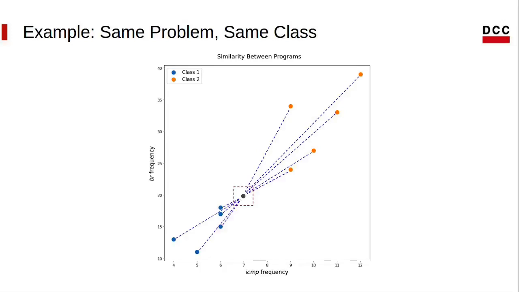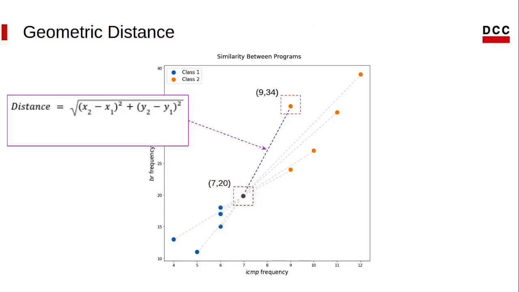We need to calculate the Euclidean distances between C and each program point in our dataset. For example, the distance between C and this point can be calculated using their coordinates. We are talking about a geometric interpretation of distance in a 2D space.